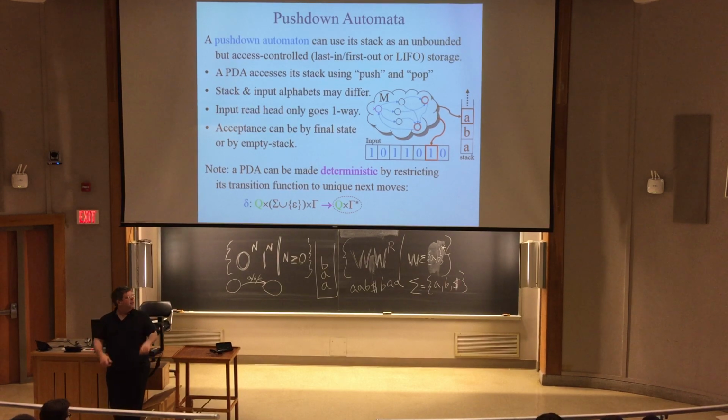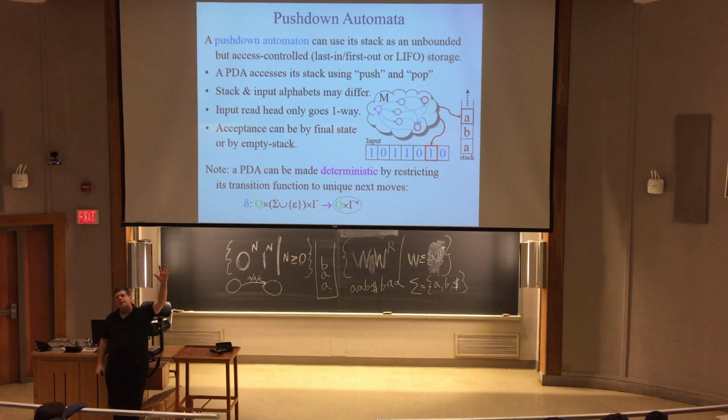And if there's a way to actually get to an acceptance state, you'll know you've seen a WWR without knowing exactly where the middle was, because you guessed all possible places for the middle to be. At any moment, you non-deterministically guessed where the middle is and branched accordingly.